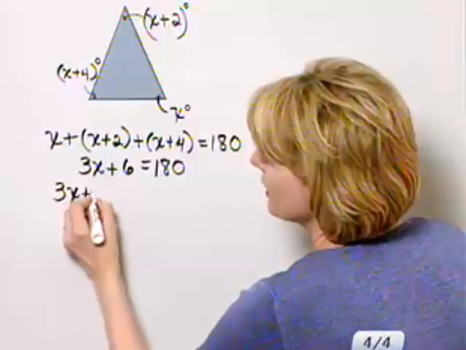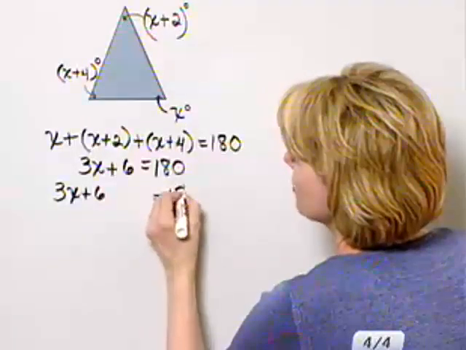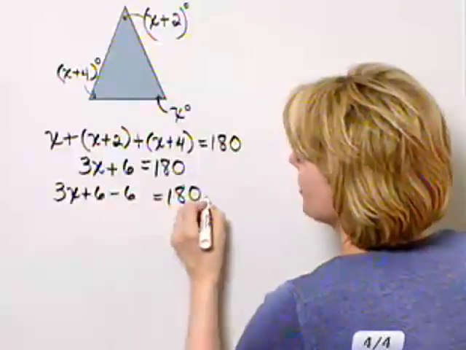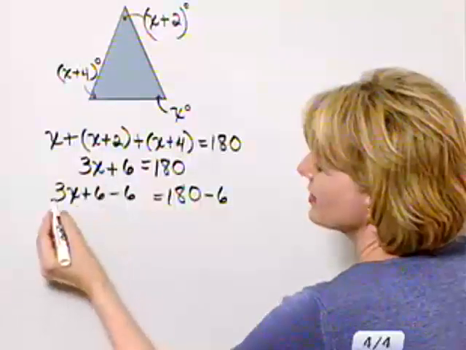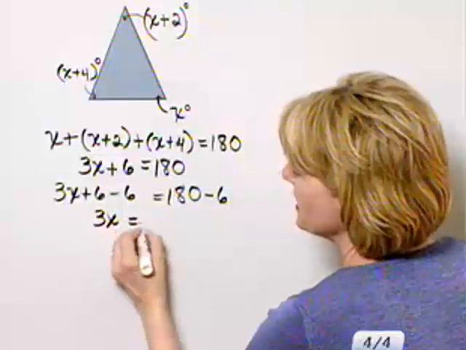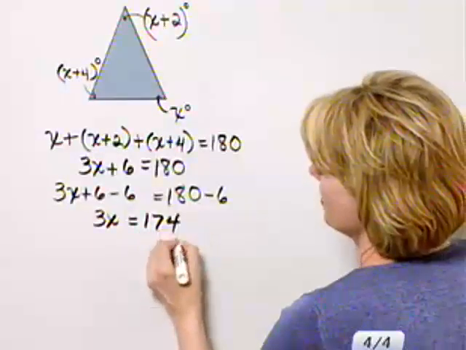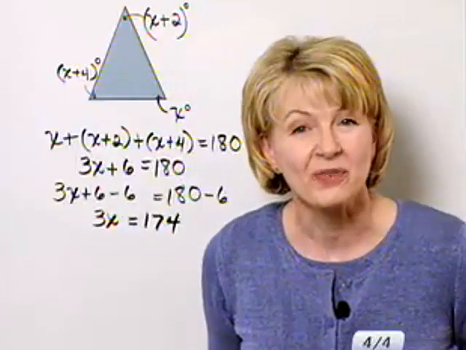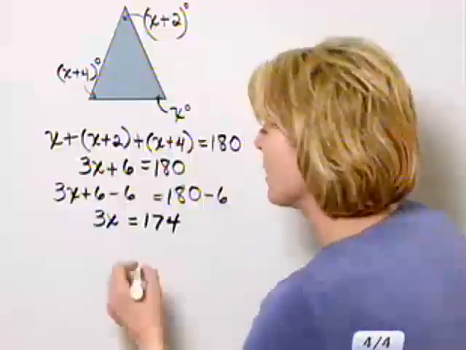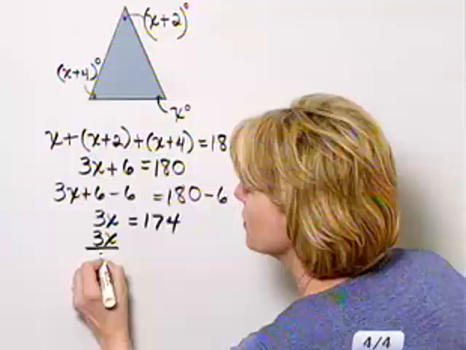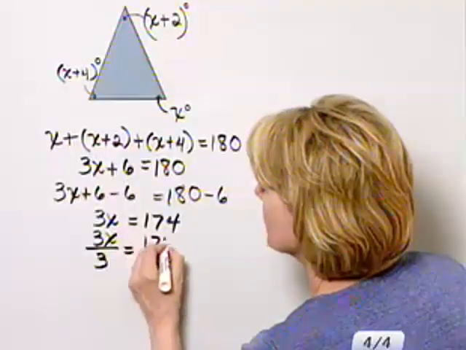Here's my left side. Here's my right side. I'll subtract 6 from both sides. The left side I'll have simply 3x. The right side I'll have 174. And we finish solving for x by dividing both sides by the coefficient of x, which is 3.